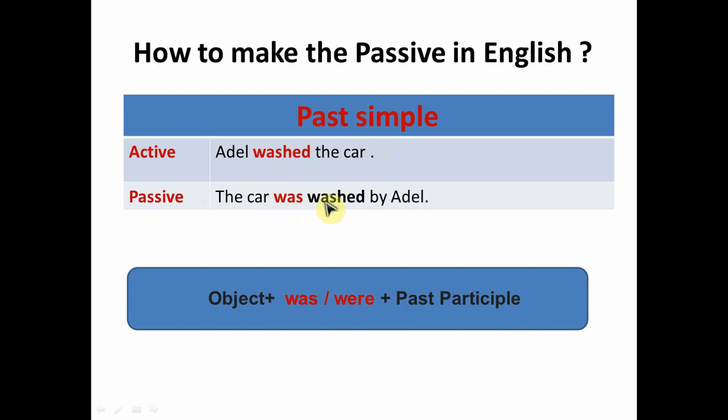So the car was, then the past participle of the main verb in the active sentence. So I can say the car was washed. And I can add by Adil, or I may not add it. So the form of the passive sentence in English in the past simple tense: object plus was or were plus past participle.